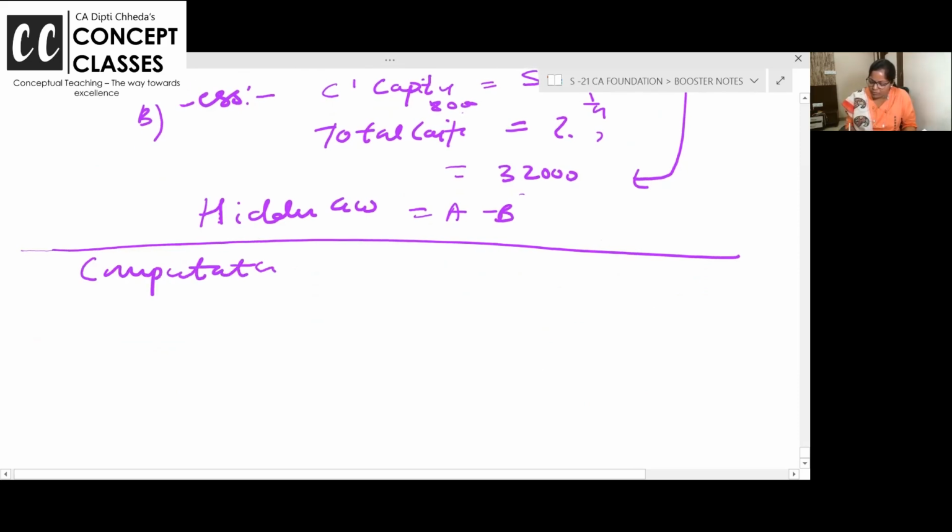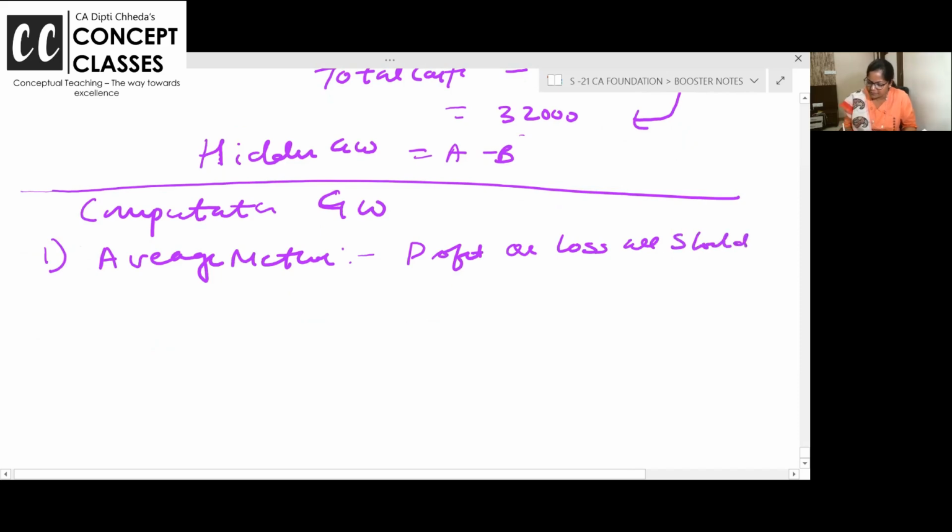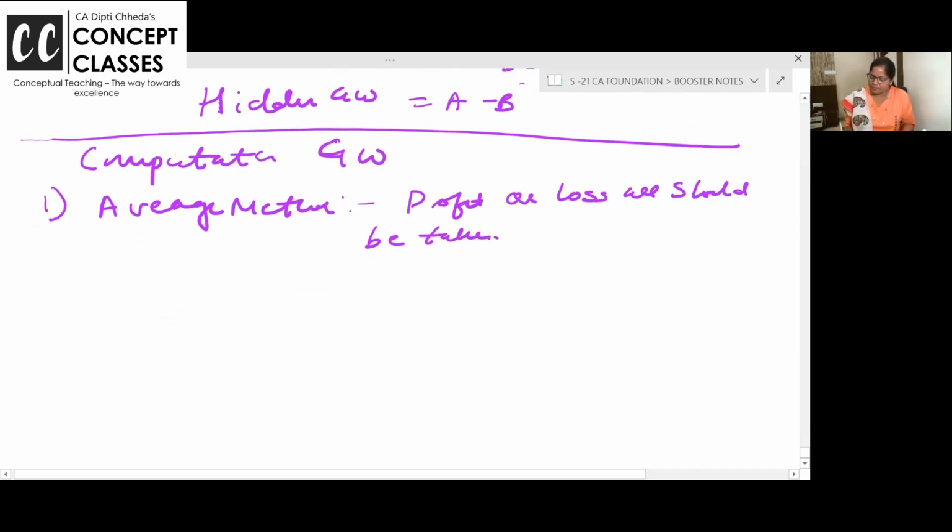Computation of goodwill. I'm not giving all methods, no need. Just the first one. In the average method, profit or loss all should be taken to get simple average.